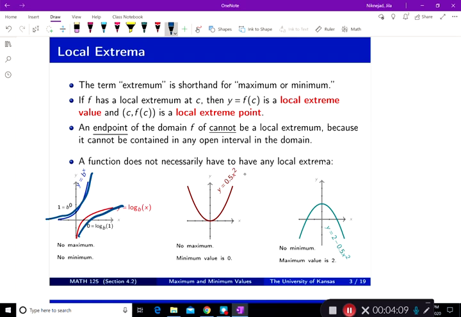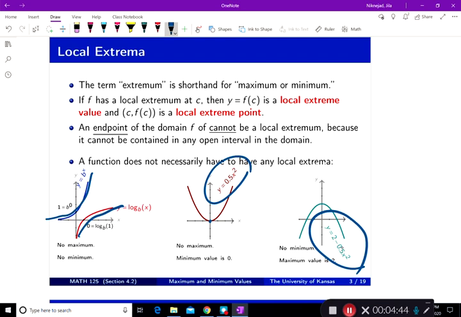Now look at y equals the parabola y equals half of x squared. This one has no local maximum. It does have a local minimum value, which is the y value over here. Both x and y values are 0, so the local minimum value is 0. In here, y equals 2 minus 0.5x squared has a local max, but it doesn't have a local minimum.